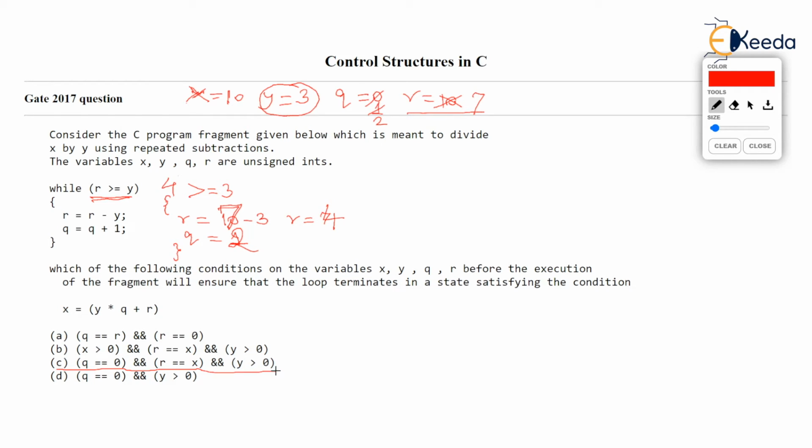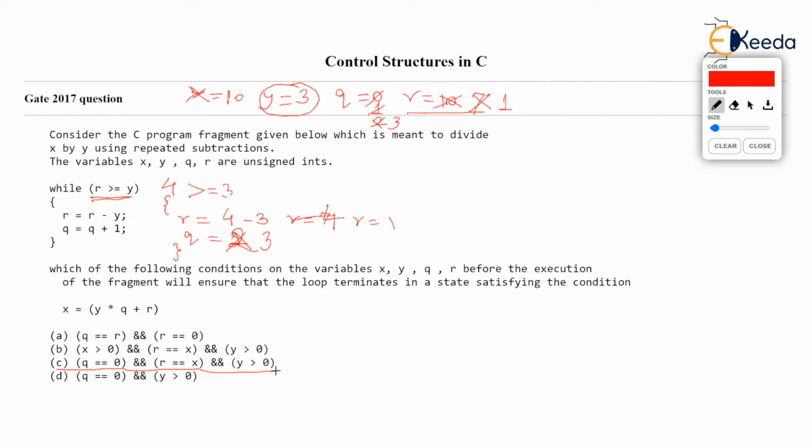So r becomes r minus y, so r becomes 4 minus 3. So r becomes 1. R is 1. And then q becomes q plus 1. So q becomes 3.